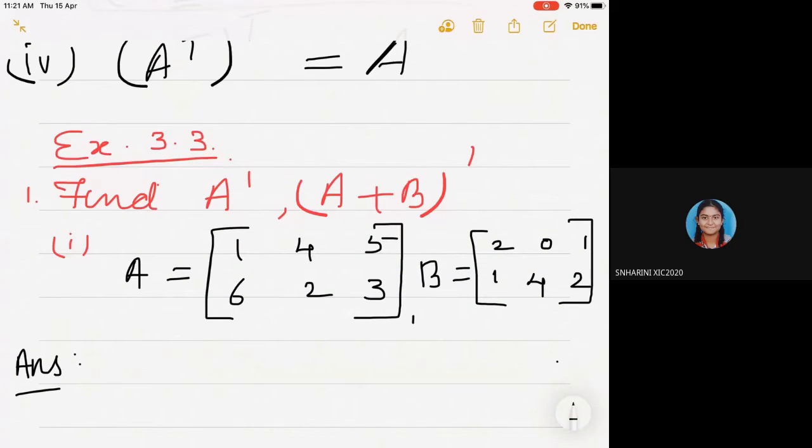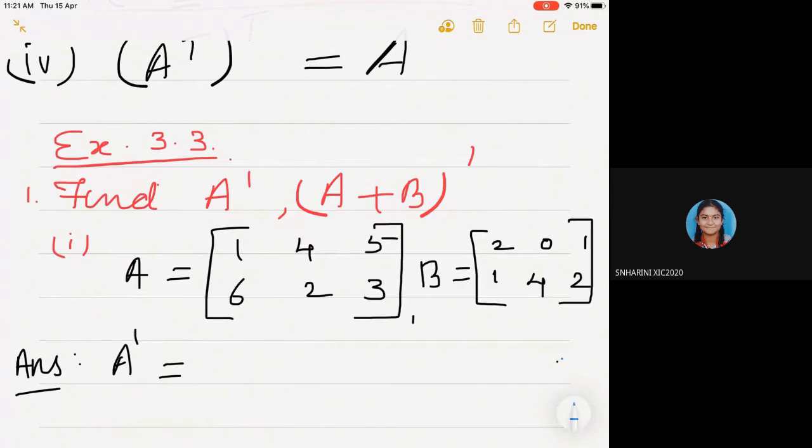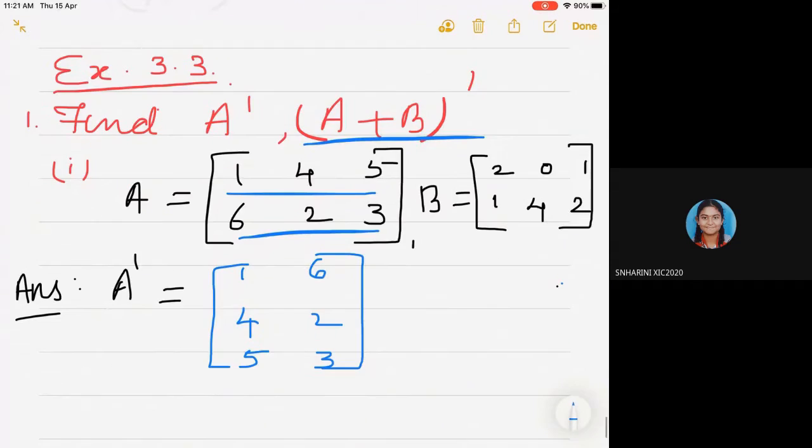Okay, what you have to do? First one, A transpose means the first row you will change it to the first column. First row 1 4 5, I will write it as first column. Then the second row I will write it as second column. 6, 2, 3. So we got A transpose. Now how to find this (A plus B) whole transpose?